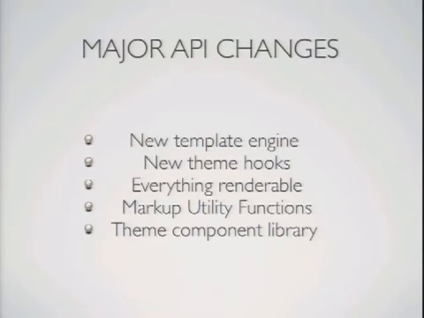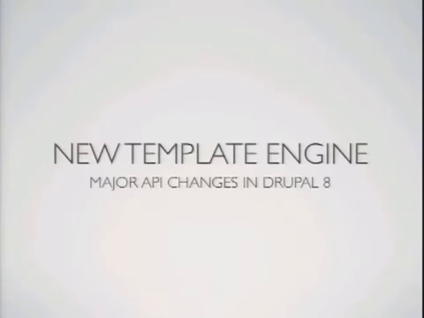So we're trying to figure out as we go what tools are actually useful to themers. And the markup utility functions fall under that category, as well as the theme component library.